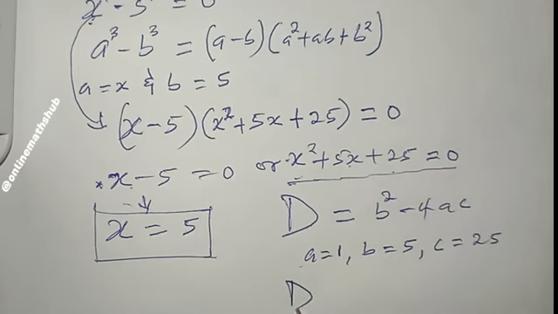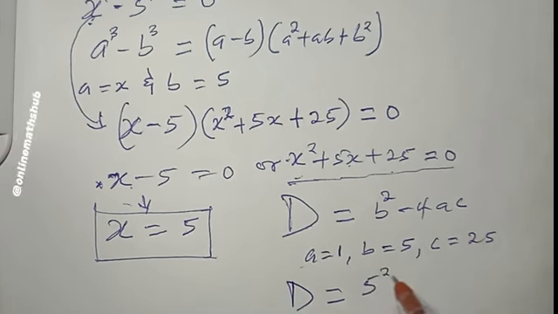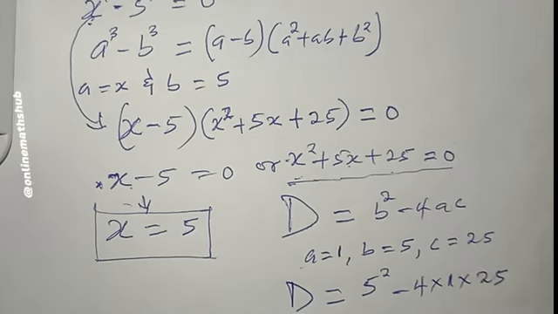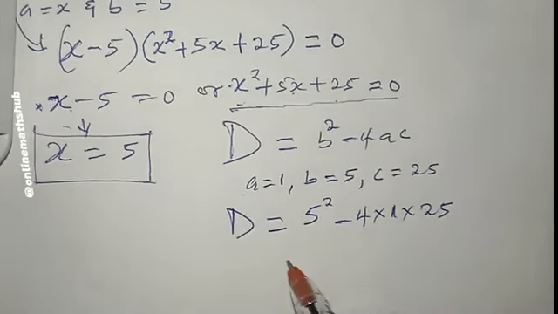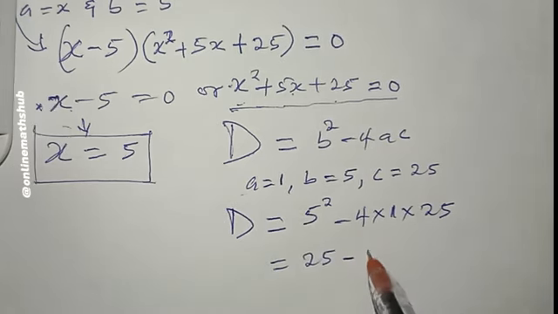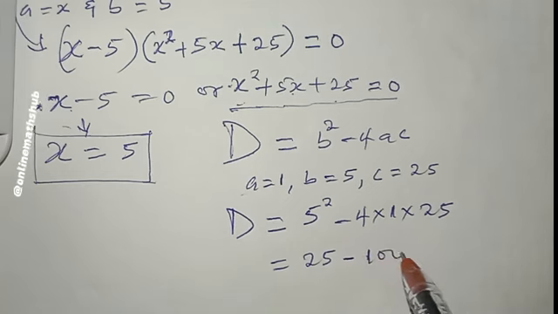Okay, so computing our discriminant, we have that d is equal to 5 squared minus 4 times 1 times 25. This is 25 minus 4 times 1, which is 4, and 4 times 25 is 100.